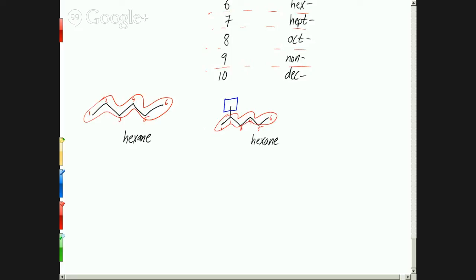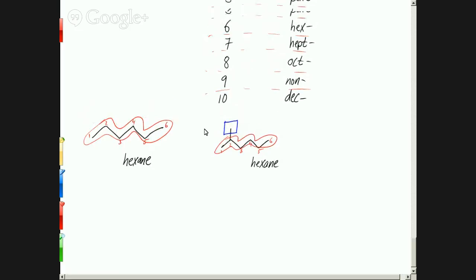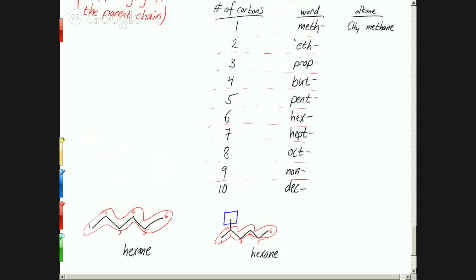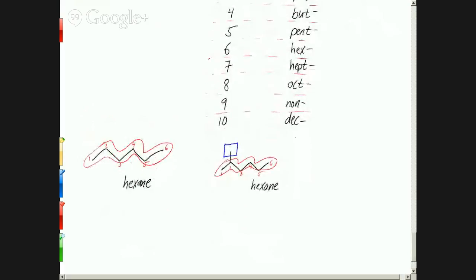So that becomes a hanging off thing, a substituent as it's called, a thing that's hanging off the main chain. And that gets named at the beginning of the name. So how many carbons are in that hanging off thing? Just one. So we go back to our chart and say, well, a one thing is called meth. It's not methane because it's not a chain by itself. It's a hanging off thing.